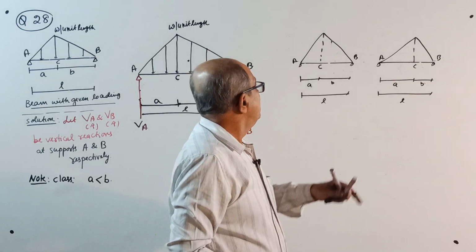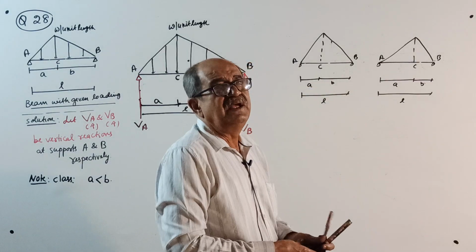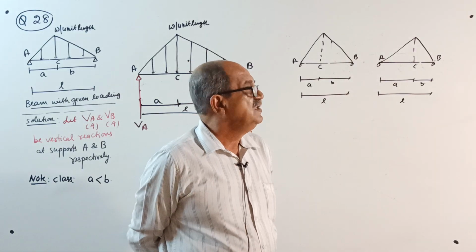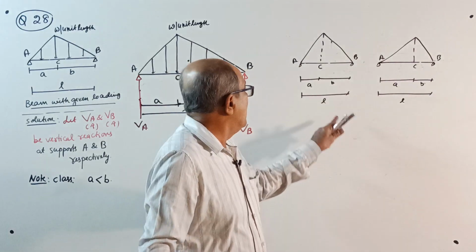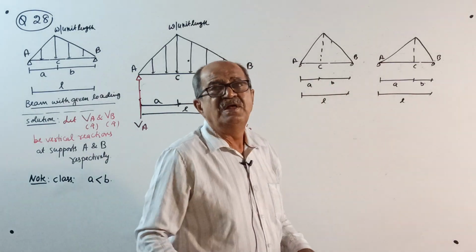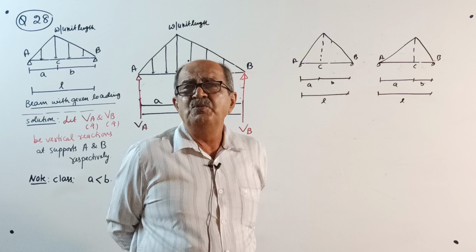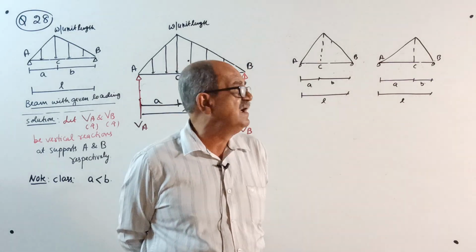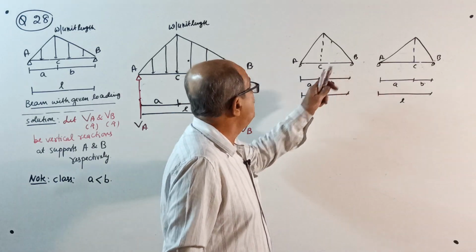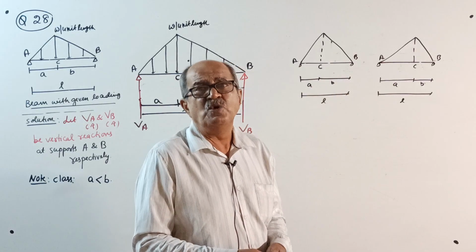Now remember, if a becomes equal to b, this will change over to an isosceles triangle. Your centroid will be exactly half of L. Suppose either a or b is 0, this will again go back to UVL represented by a right angle triangle. So here, when you take moment, total load, there is no problem.